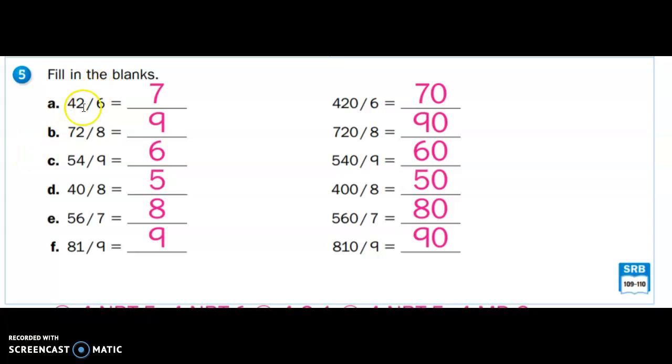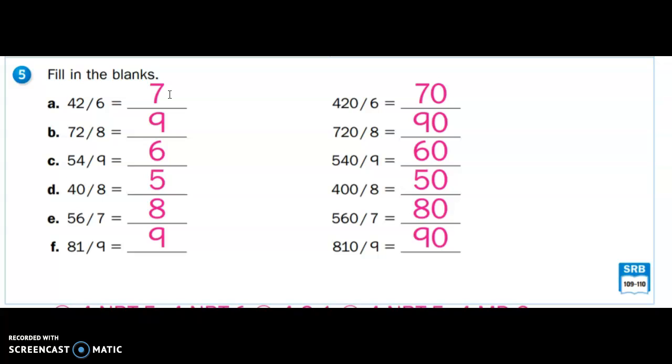Remember that this slash symbol means divided by. And we even discussed that in our Spoogle, that's one way to write divided by. So this problem reads 42 divided by 6 equals 7. Now the great thing about division problems, what's the opposite of division?